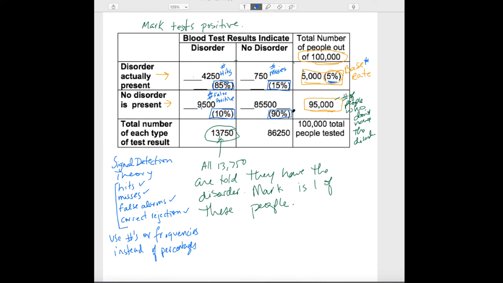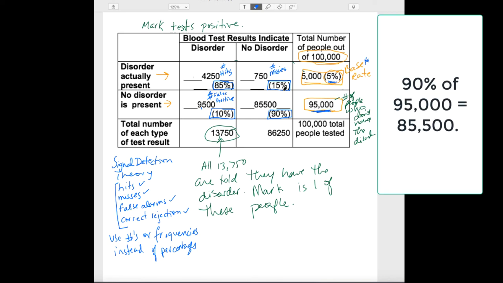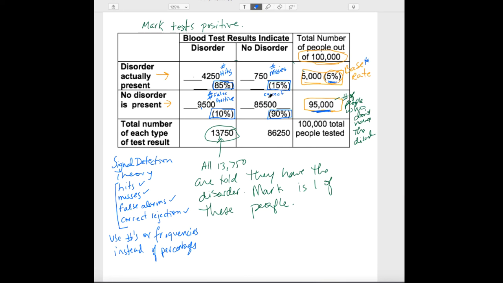And then 90% of the people who don't have the condition are correctly told they don't have it. So this is the correct rejection. So this is the number of people who receive a correct rejection, who are correctly told they don't have the condition. Now the question is, Mark is one of these 100,000 people, but he tests positive.